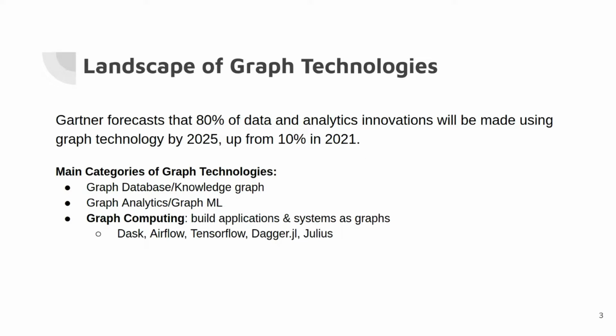There are several different categories of graph technologies. For example, people are most familiar with graph databases such as knowledge graphs. If you look at a social network, the data can be organized as a complicated graph. The second category is graph analytics or graph ML.